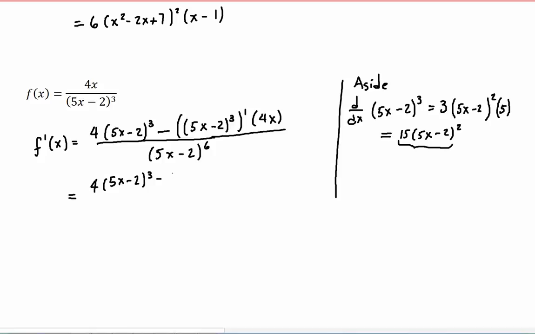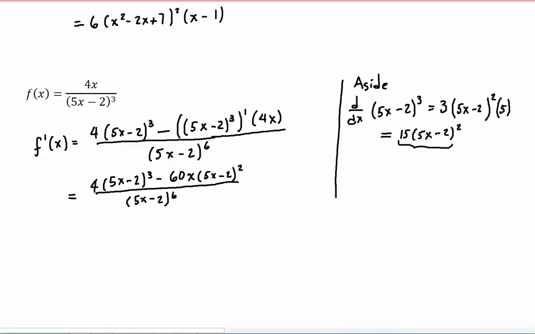So 15 times 4 is 60, and then you're going to have x times (5x minus 2) squared, all over (5x minus 2) to the 6th power.